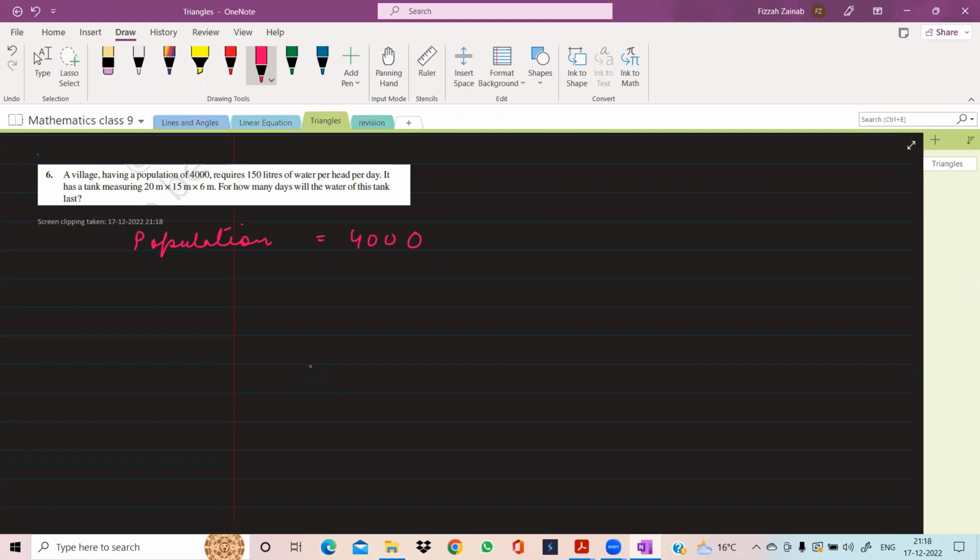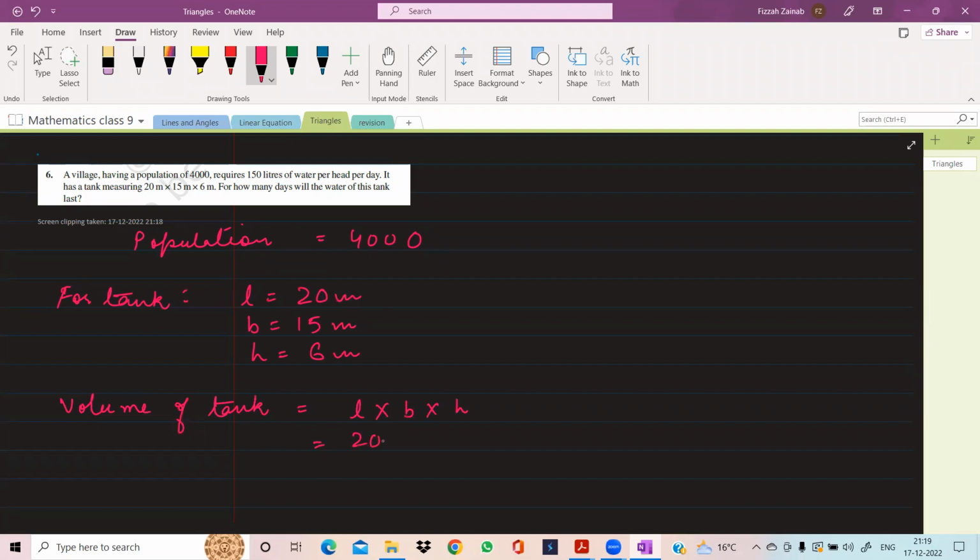Let us first of all find out the volume of this tank, then we will try to understand the rest of the part. Okay, so for tank, right? The length is 20 meter, breadth is 15 meter, and height is 6 meter. So volume of tank is length into breadth into height.